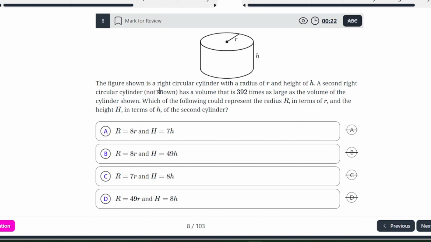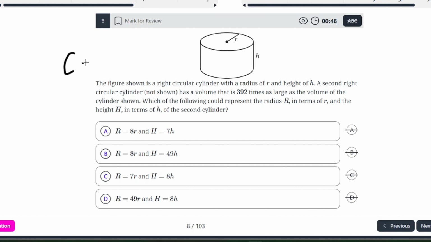Okay, so the figure shown is a right circular cylinder with a radius of R and a height of H. A second right circular cylinder not shown has a volume that is 392 times as large as the volume of the cylinder shown. Which of the following could represent the radius R and H of the second cylinder? So what is our cylinder formula?